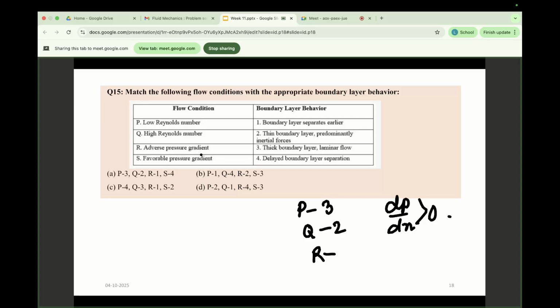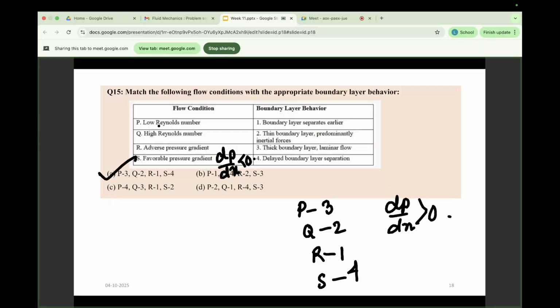So in case of adverse, flow separation should be early. And favorable pressure gradient means del P by del X less than 0. That means fewer chances of boundary layer separation, or the flow can easily stick with the boundary. So that's option 4. So option A is the correct answer.